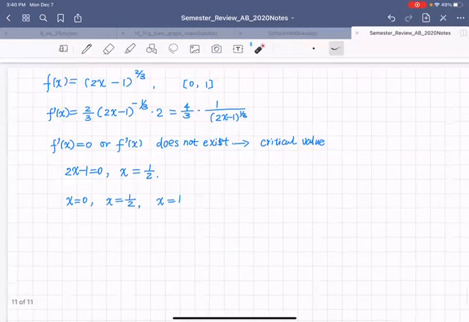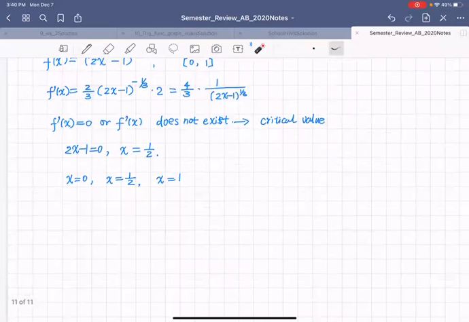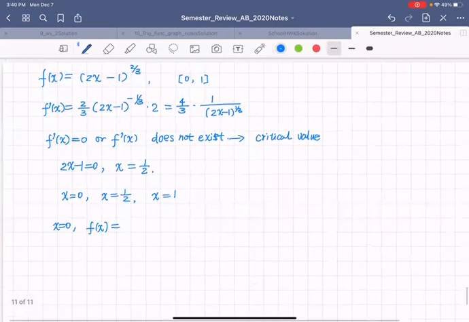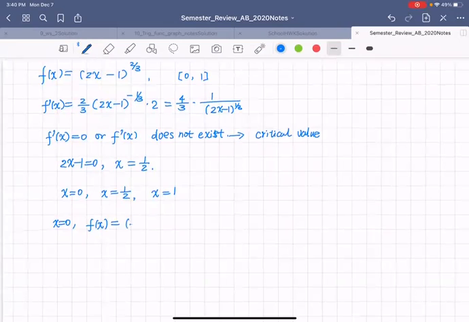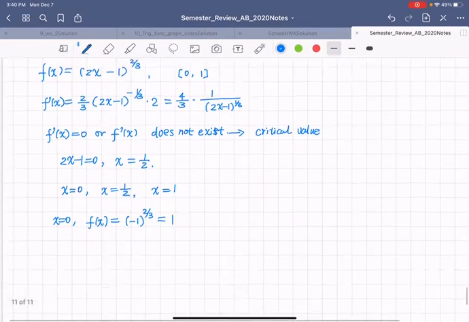Yeah. Now we can check when x equals 0, f(x) is how much. When x equals 0, f(x) equals -1 to the power 2 over 3. That guy is 1, right? Because -1 squared is 1, so this is 1.